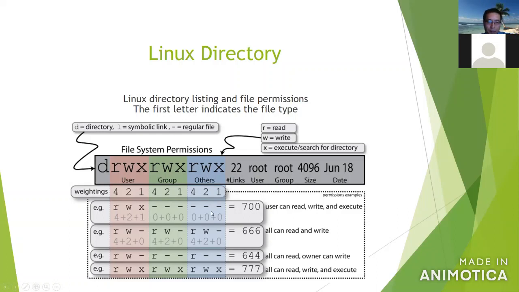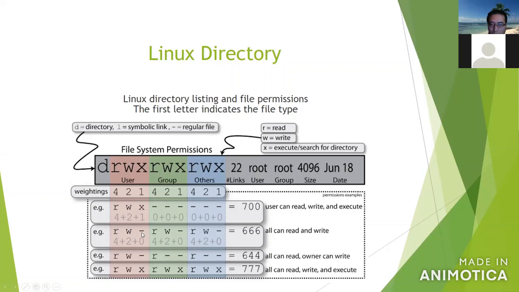And if you want to make sure that nobody can execute, but everyone can read and write, then you use 666, because this value is 4 and this value is 2. Basically, it's just binary.